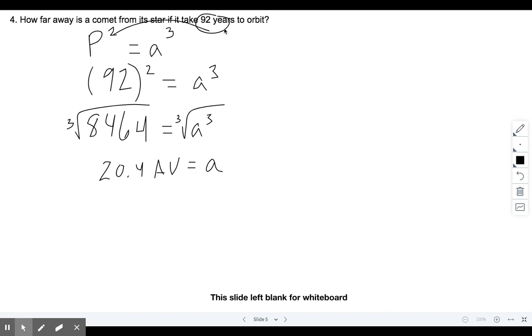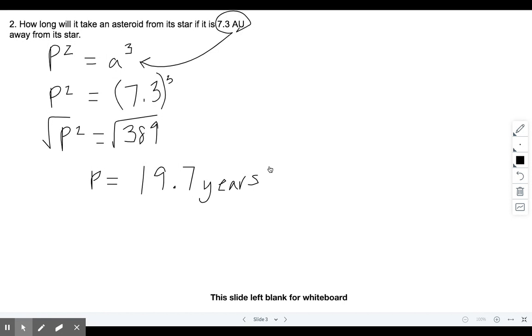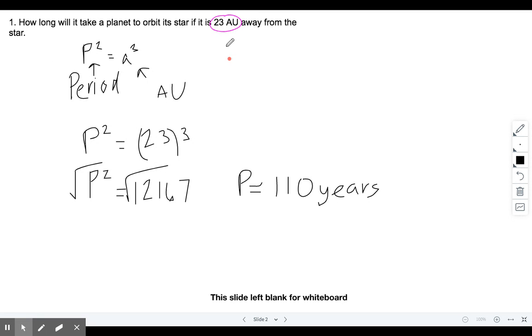Okay, so if you look at this one, it's 92 years. It's 20.4 AU. If you look at the last one, it took 216 years. It was more AU, right? So if I look at these other answers, I should start to see a pattern. This one was 7.3. It only took 20 years to orbit. So you can check your work with your other answers to make sure it's making sense. This one's 23 AU, and then it took 110 years, right?